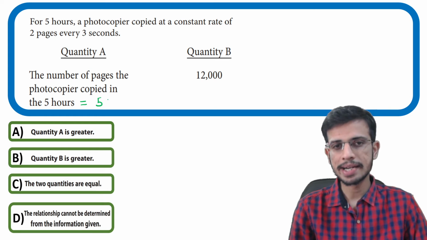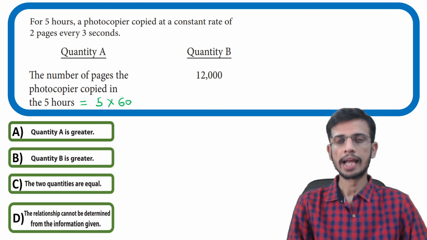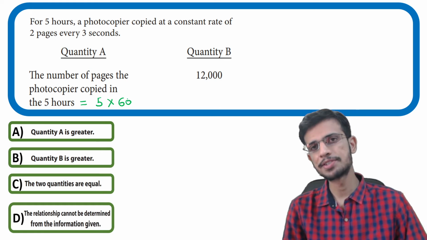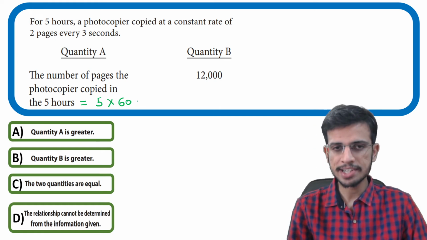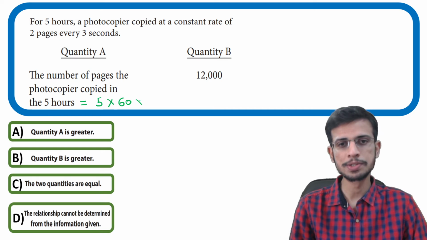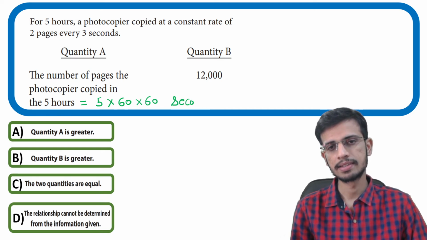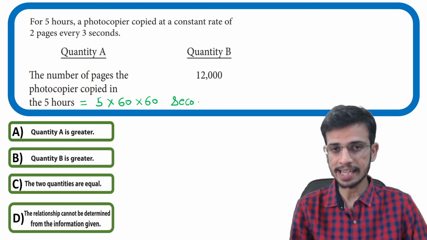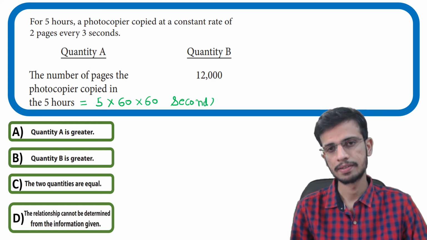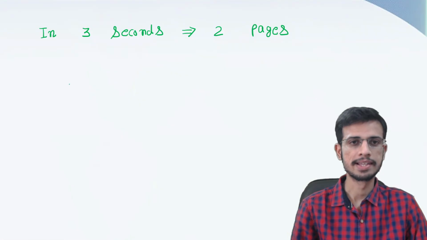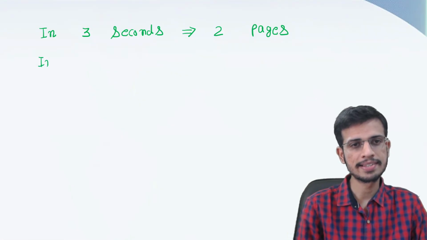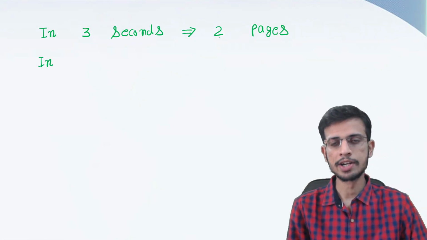1 hour means 60 minutes. So 5 hours means 300 minutes, and 1 minute means 60 seconds. So 300 minutes will be equal to 300 into 60. So 5 hours means 5 into 60 into 60 seconds. In 3 seconds, it can copy 2 pages.